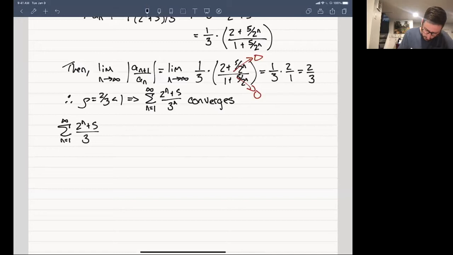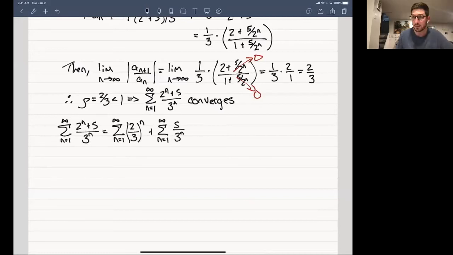So what we are going to do is distribute the denominator here over both terms. In the first case, I get 2^n over 3^n. That's the same as just (2/3)^n. And then in the second case, I get 5 over 3^n.